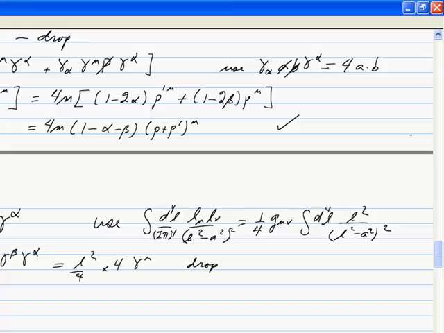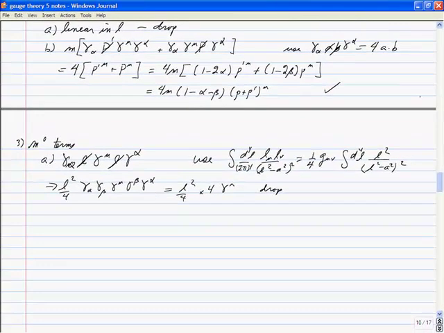Okay. So it's true, everything has come down so far to either gamma mu's or p plus p primes. The second one here was we drop linear in L.